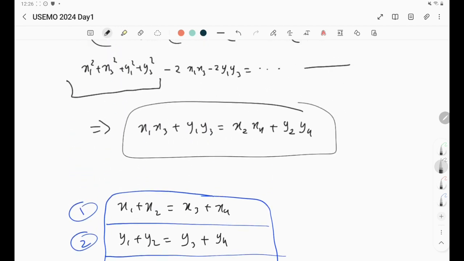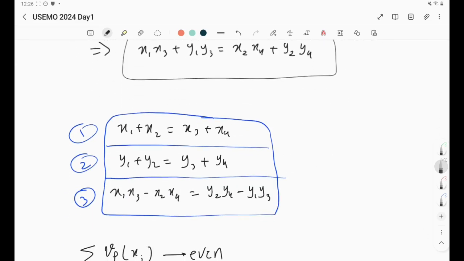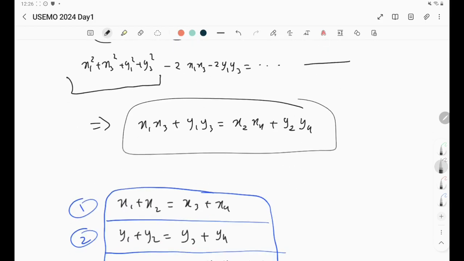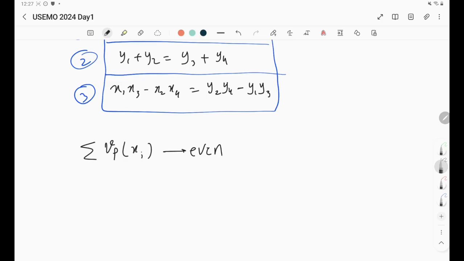Of course, since we're working with some prime p, we already know from the fact that the LCM is k that, let's say, k is equal to p to the m times some stuff. So let's say that the VP of k is equal to m. So assume VP of k is equal to m.